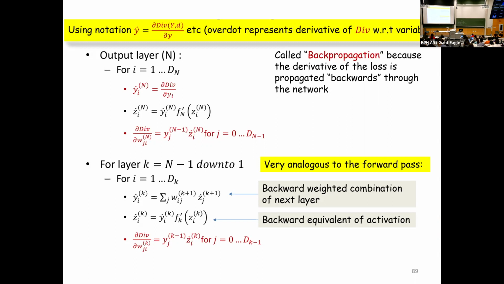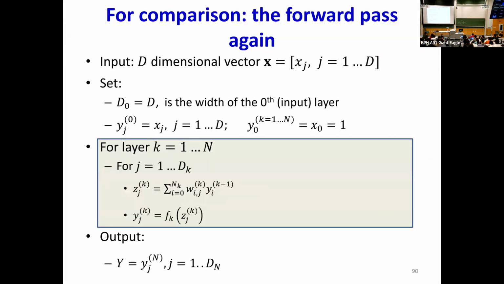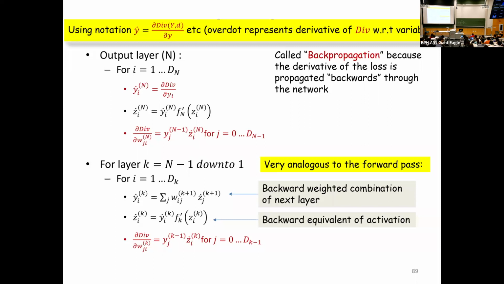And then the derivative with respect to the input to the neuron is simply going to be the derivative of the output times the activation derivative. So this is very similar to what you're doing in the forward pass. In the forward pass, first you compute a weighted sum of all of the outputs of the previous layer, then you apply an activation, right? Here, you're computing a weighted sum of the derivatives at the input to the next layer, and then you're passing it back through the activation. So in fact, you could use the same code with appropriate change of variables going forward and backwards.